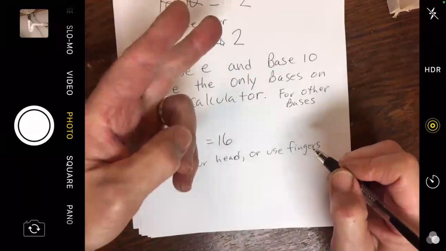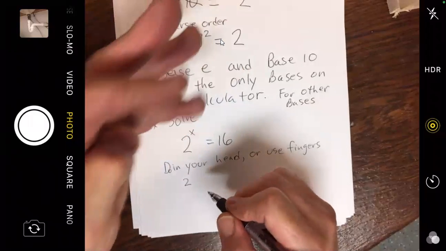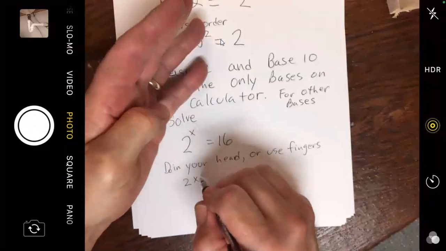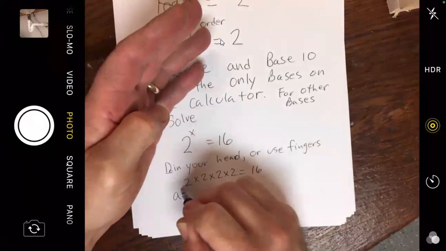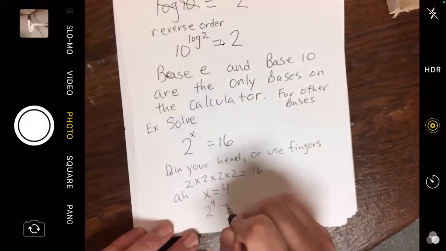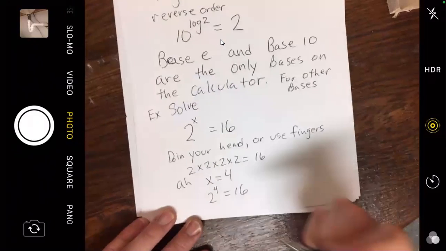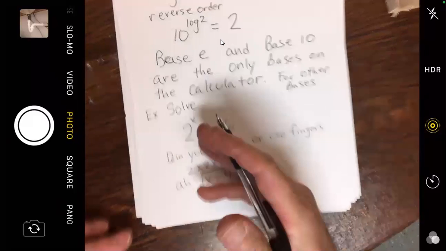Two times 2 is 4, times 2 is 8, times 2 is 16. x must equal 4. 2 to the 4th equals 16. So other bases, they've got to be cooked.